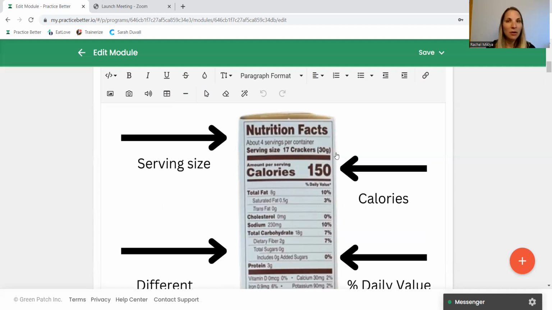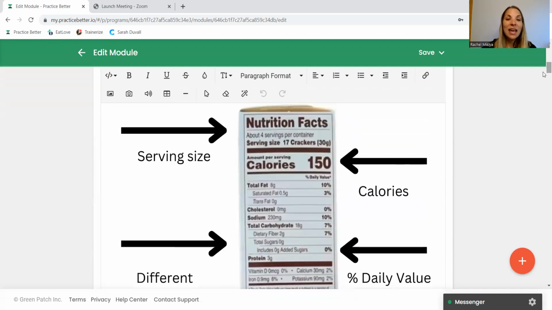Everybody has different macronutrient needs, but 17 crackers is what provides this specific amount of calories and all these different nutrients. Now, let's say you eat more than 17 crackers. There are 4 servings per container. No matter how many servings per container it says, you need to take that into consideration. For example, if you ate this whole box of crackers, you'd have to multiply all this by 4.